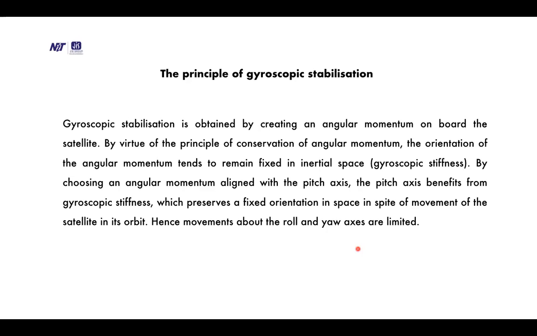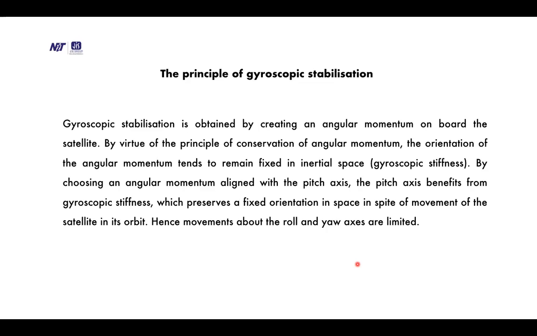The principle of gyroscopic stabilization. Gyroscopic stabilization is obtained by creating an angular momentum on board the satellite. By virtue of the principle of conservation of angular momentum, the orientation of the angular momentum tends to remain fixed in inertial space.